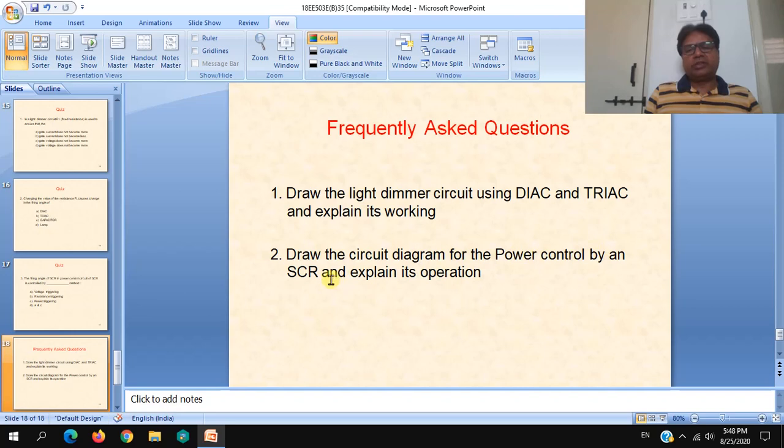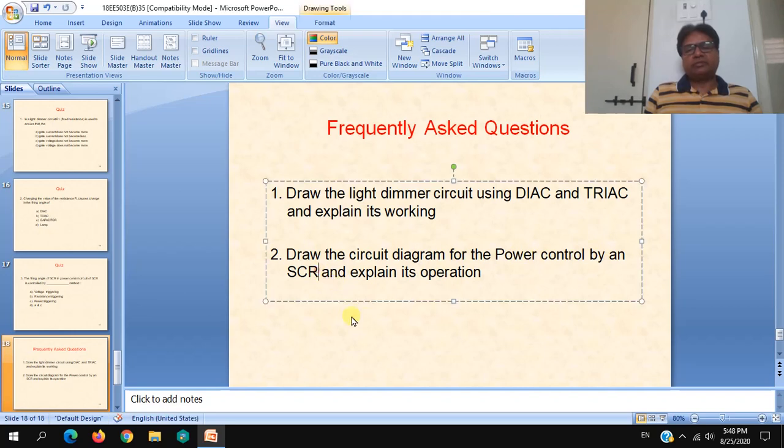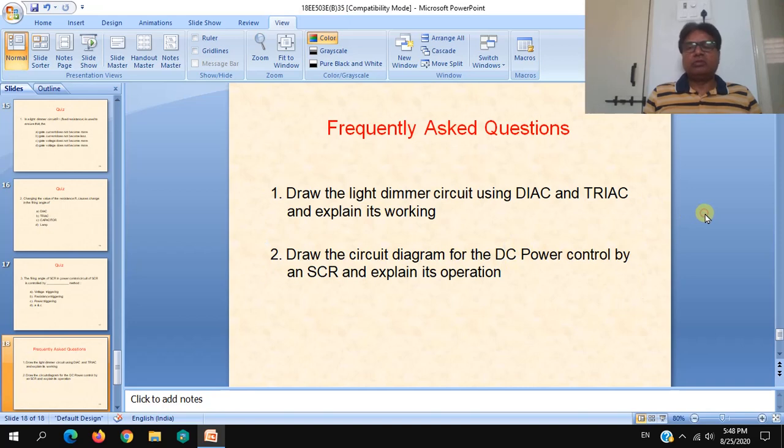Power control by an SCR, or consider that, draw the circuit diagram for the DC power control by an SCR and explain its operation. At the same time, it can be AC half wave, also AC full wave, and you can also be asked to simply draw the circuits or draw the waveforms for short answer questions.